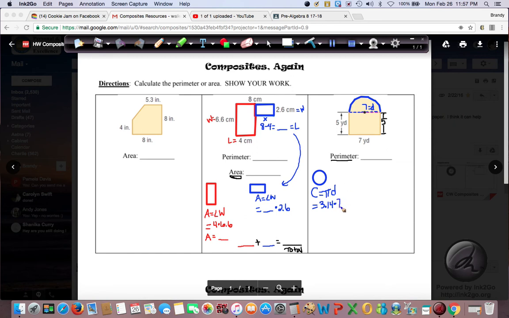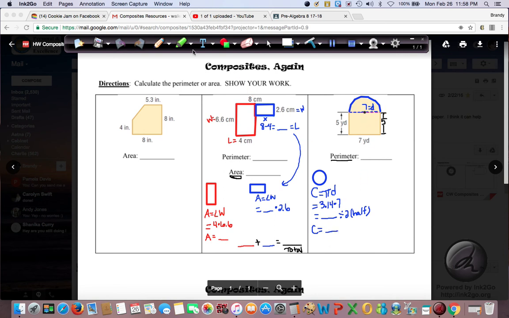Now be careful, this is a half circle. So once you figure this number out, you're going to want to divide it by 2 because it's half. It's a semicircle. You want to know half the circle. Okay, so that's why we're dividing by 2. And then you should get the perimeter, the circumference of this half circle.